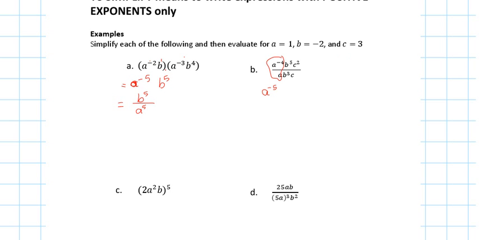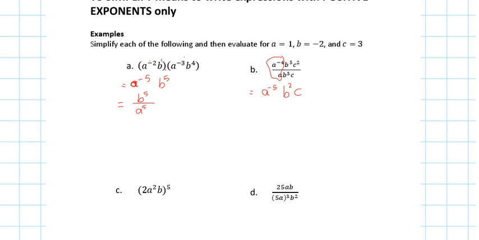And then for this one, it's going to be 5 minus 3, so that's going to be b squared. And this one's going to be c. Now, because my final answer has an a to the power of negative 5, I bring it down to the denominator.